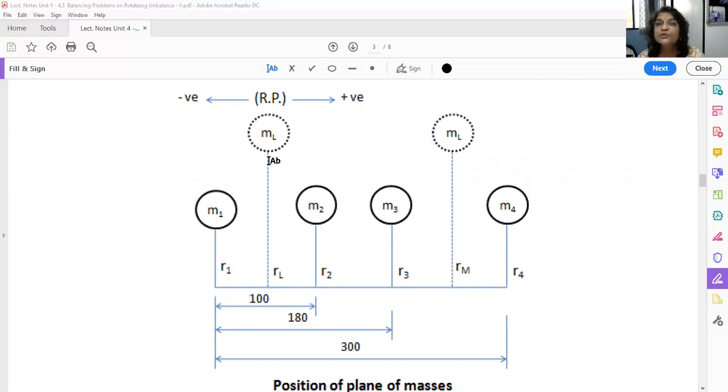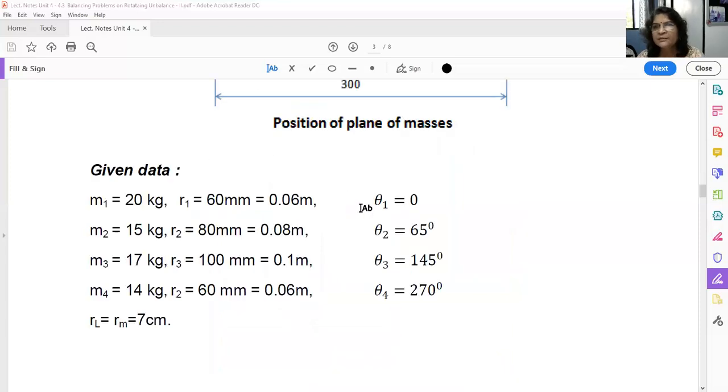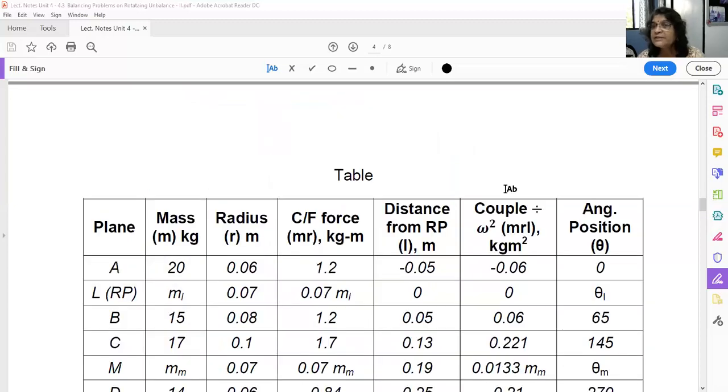So on the left hand side couples are written as negative and all right hand side couples are written positive. There is only one mass M1, so this will be giving a clockwise couple about this one, so that will be treated as negative, and the couples provided by all these masses are anti-clockwise, that are always positive. It doesn't depend on anti-clockwise or clockwise, it is just left hand side negative, right hand side positive. Only remember this one. That's why this couple is negative.